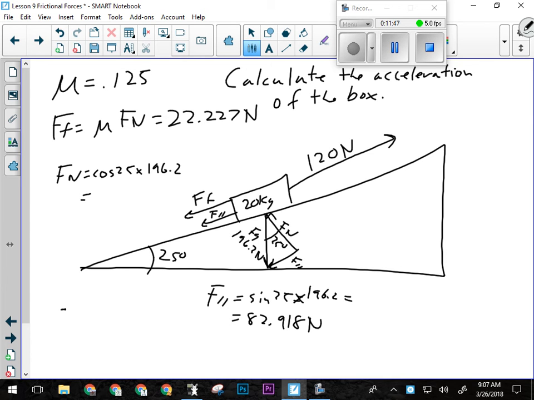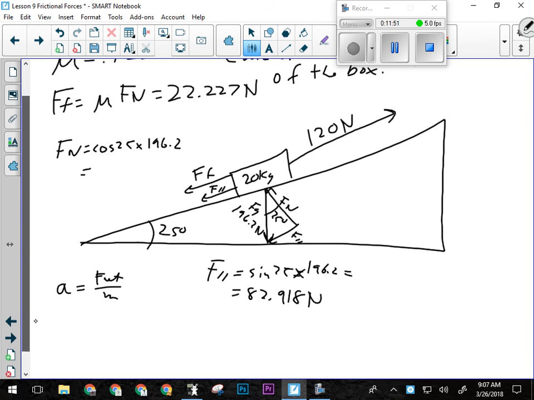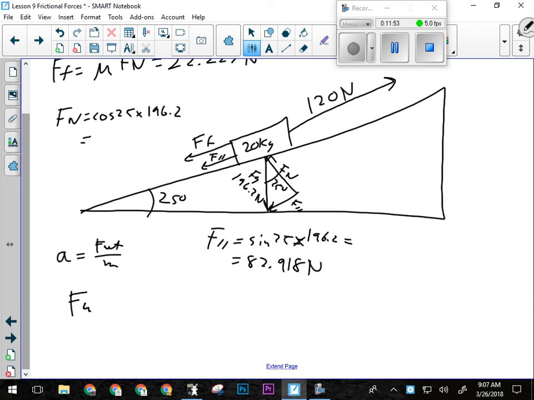All right, so if I want to calculate the acceleration, I need net force and mass. I have mass, but I don't have net force yet. Net force is the vector sum of all forces. So that'll be 120 plus negative 82.918 plus negative 22.227.